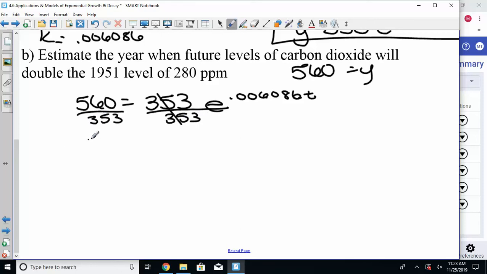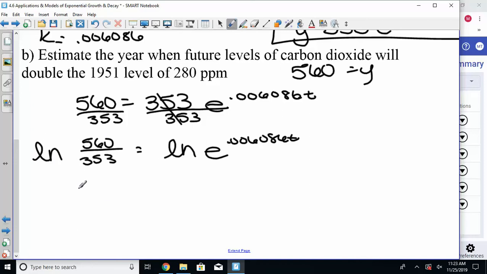I'm just going to leave this as a fraction for now. And then what do we do? Add our natural log. All we're really doing is solving these equations like we did for our test. We just have word problems to go along with them.